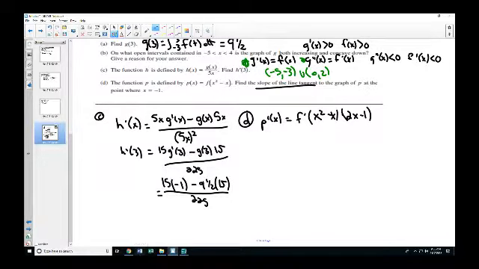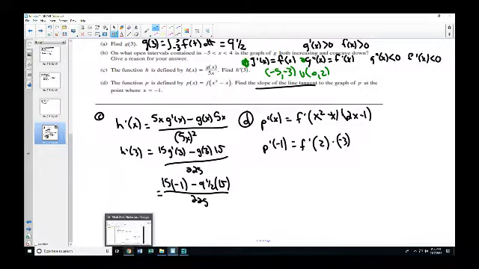Now, what is that equivalent to? So P prime at -1 is 2 times, what is that? 1 plus 1 is 2, -3, right? Okay, so what's F prime at 2?